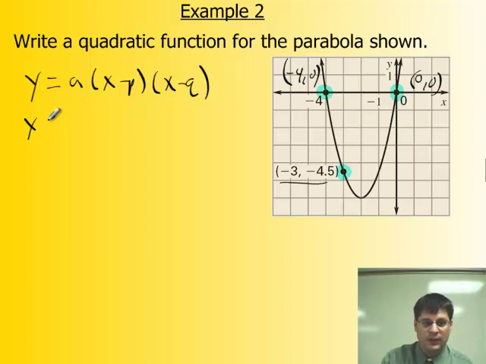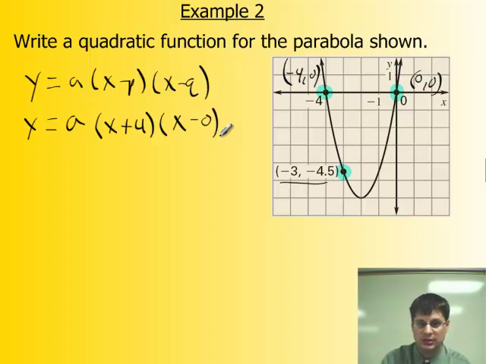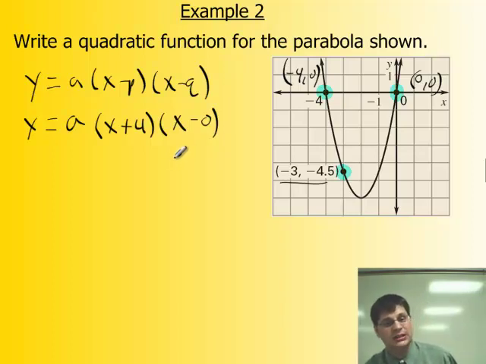Well, I can start off by substituting in our intercepts. So I'd have x, and in place of p, I have negative 4, so minus negative 4 or plus 4, and then x minus q, or x minus 0 in this case. So just like the vertex form, we have everything that we need except for a. We're going to substitute in an extra point on the parabola to figure out what a is.